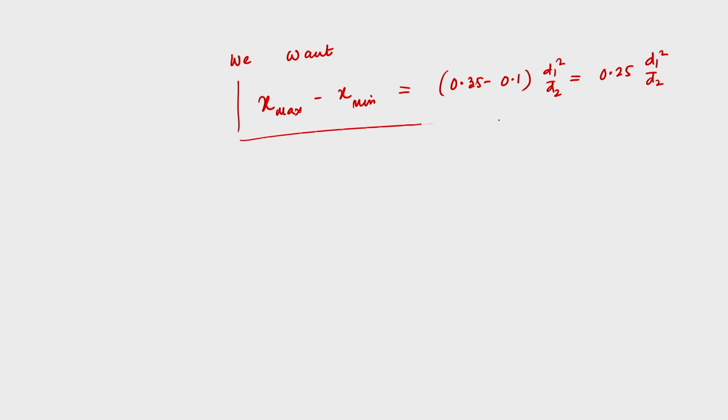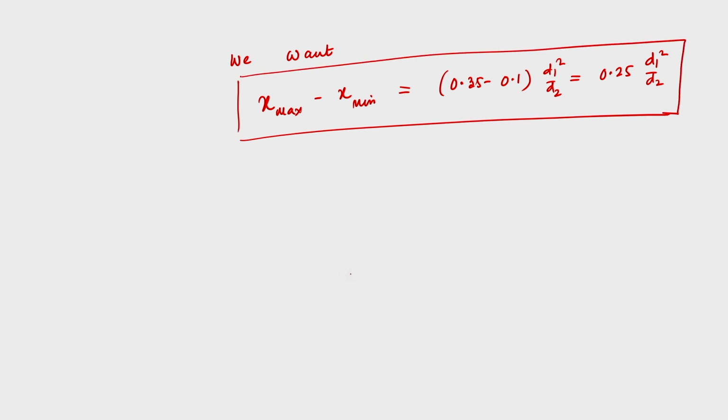So, we want x max minus x min, right, that is nothing but 0.35 minus 0.1 d1 square by d2, that is 0.25 d1 square by d2. So, this is what we have obtained.